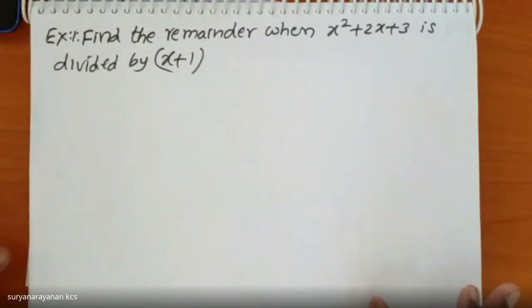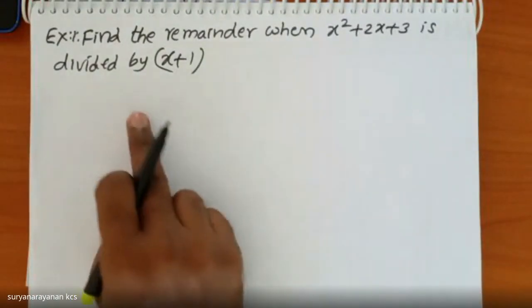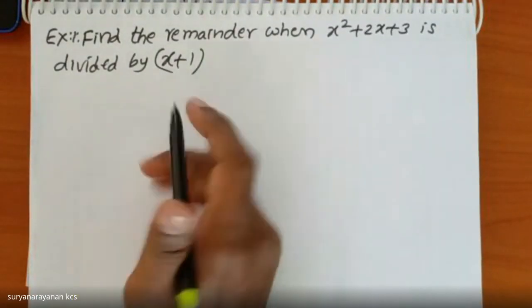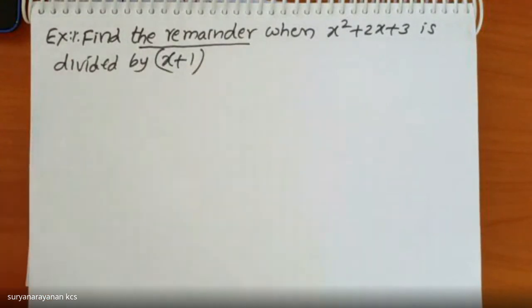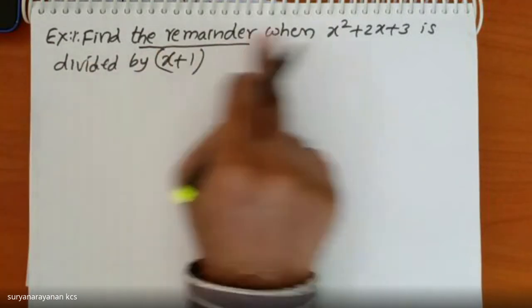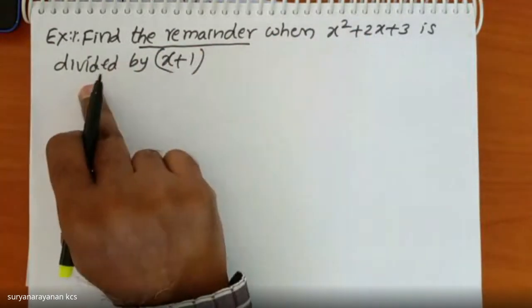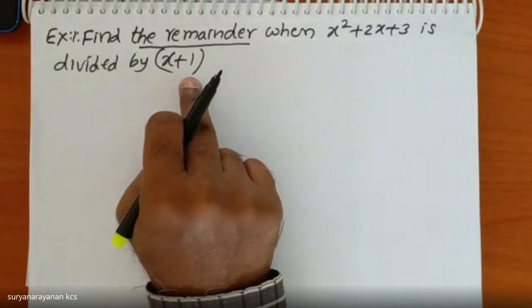So here, for which point are we giving more importance? Only for the remainder. We are giving importance only to finding the remainder, not the quotient. We are not interested in finding the quotient. We are only interested in finding the remainder when this polynomial is divided by this linear polynomial.